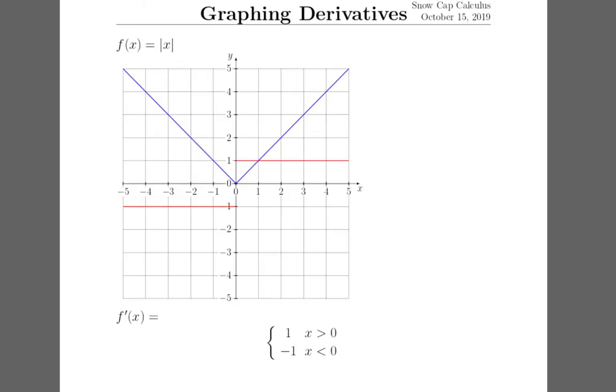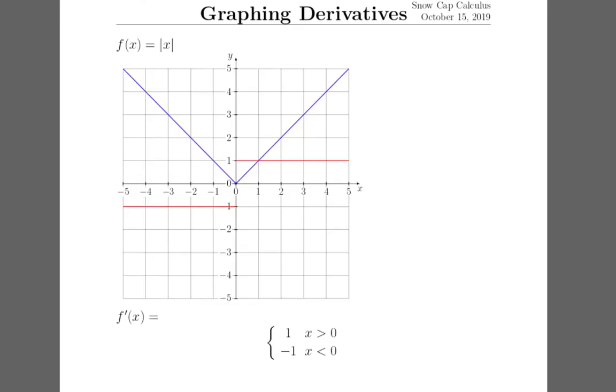Anything on the right-hand side of the y-axis is increasing, so it has a positive derivative. So we would write the derivative of the absolute value of x as a piecewise function, because whenever x is greater than 0, it's going to be positive, so it's going to be 1. Whenever it's less than 0, it's going to be negative 1.